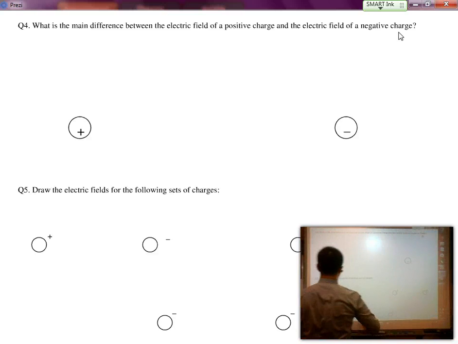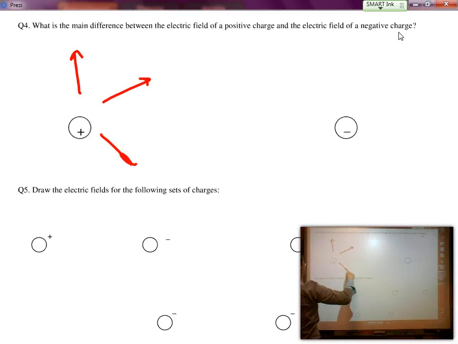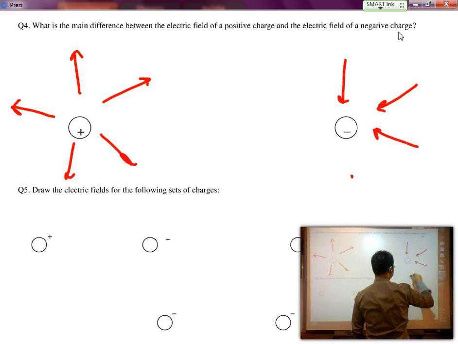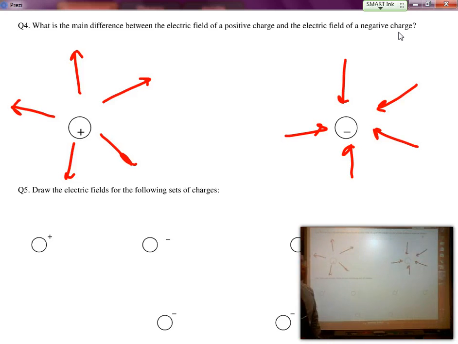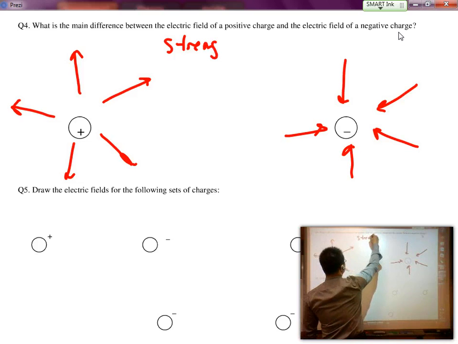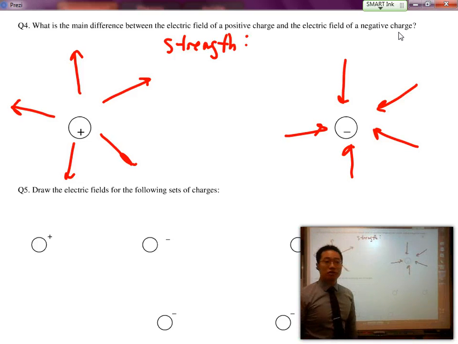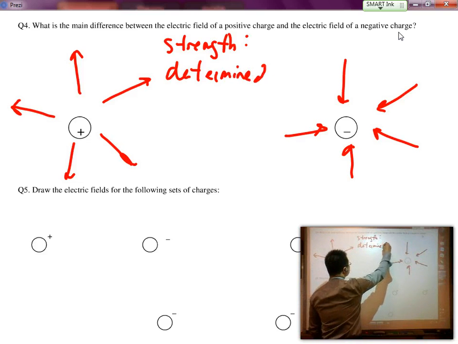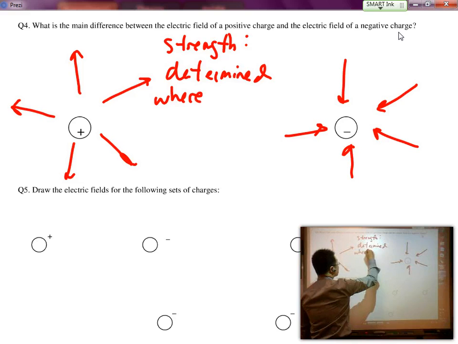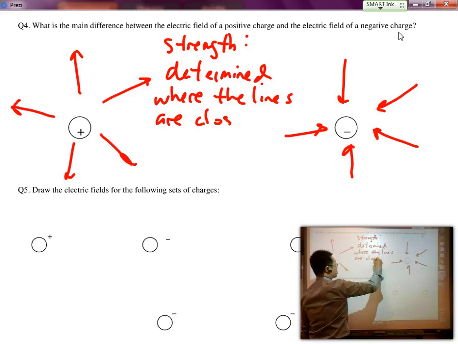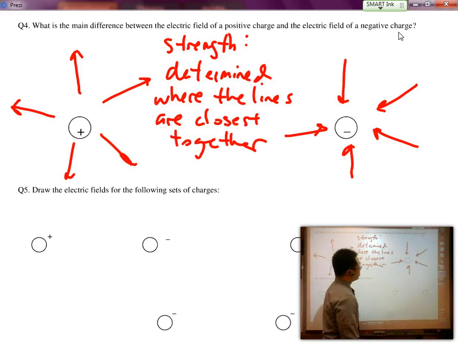So if you were to draw that yourself, the strength of this electric field is determined by where the lines are closest together.